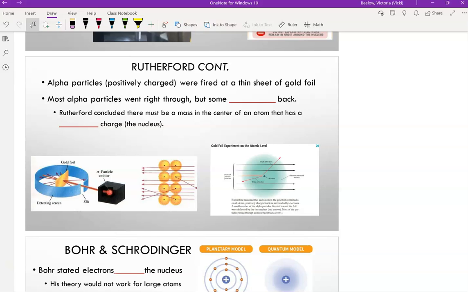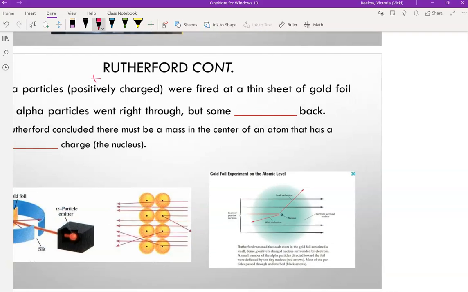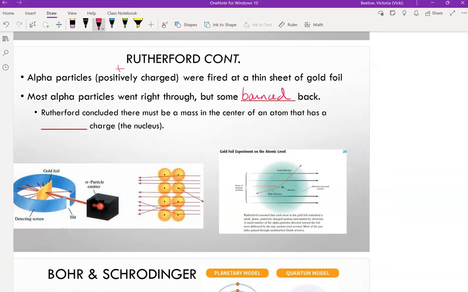Okay, so he had these alpha particles, which had a positive charge, fired at a thin piece of gold foil, which is made up of atoms, right? Gold atoms. And most of these positive charges went right through. However, some bounced back.